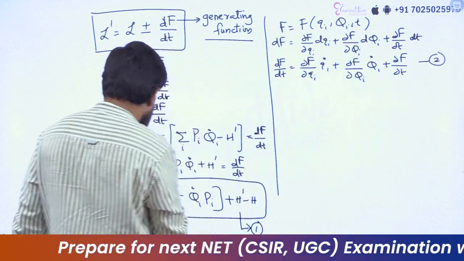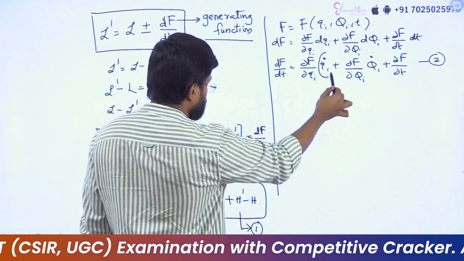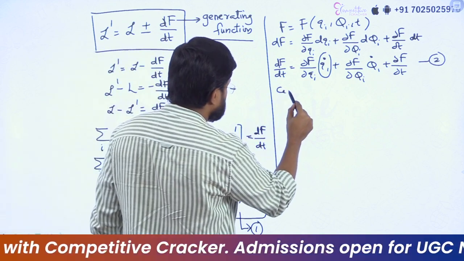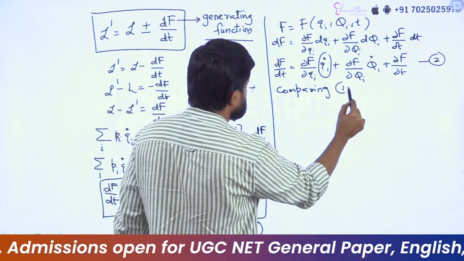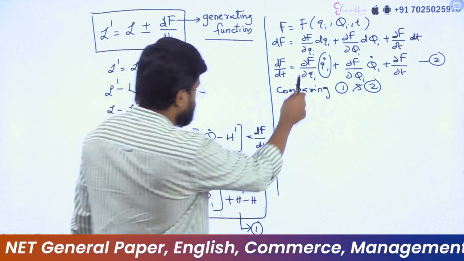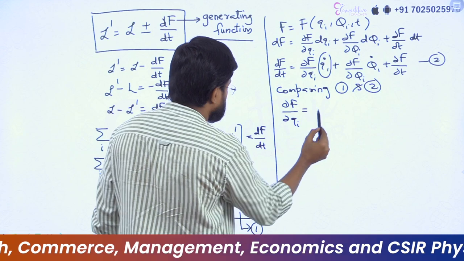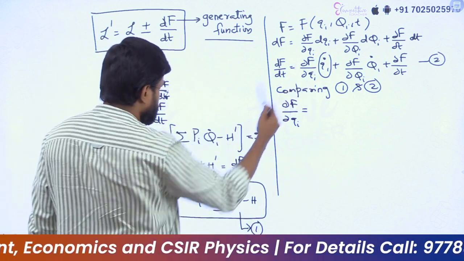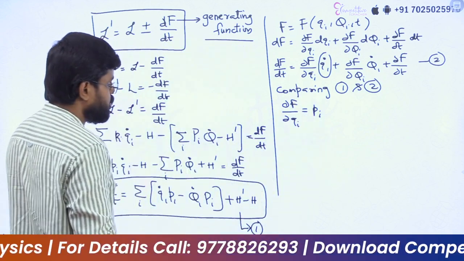This is dF/dt, and this is also dF/dt. Then what is the coefficient here? qi dot is there, and here also qi dot is there. So comparing equations 1 and 2, what is ∂F/∂qi? Here it is qi dot, here it is qi dot, so ∂F/∂qi is pi.